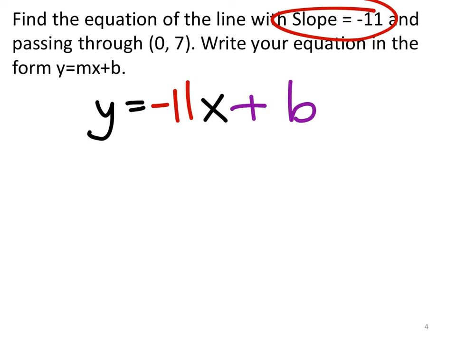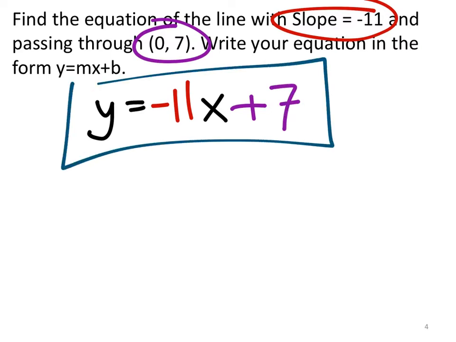And b is the y value in the y-intercept. This one gave us the y-intercept because the x value is 0. So we know that that is the y-intercept. I'm just going to replace the b value with 7. There it is. Slope-intercept form of that line.